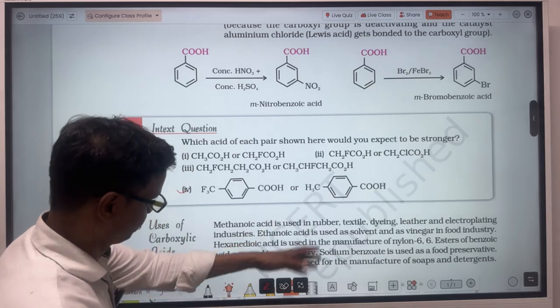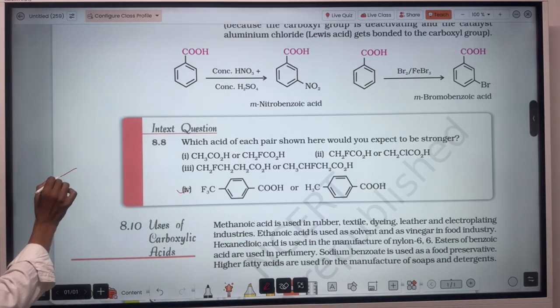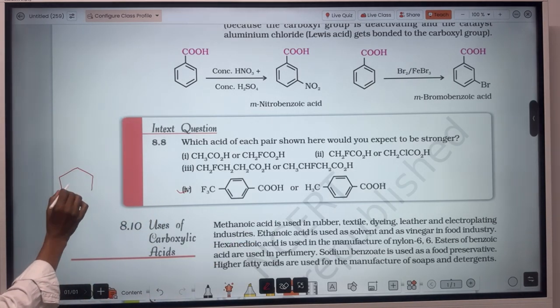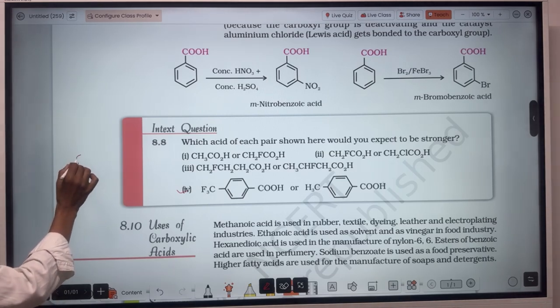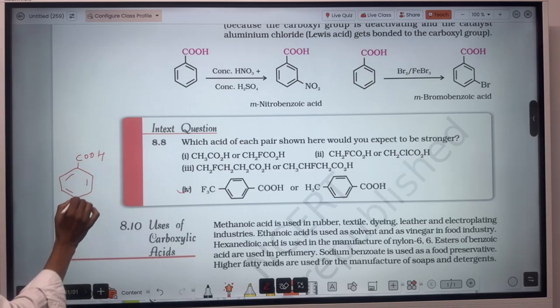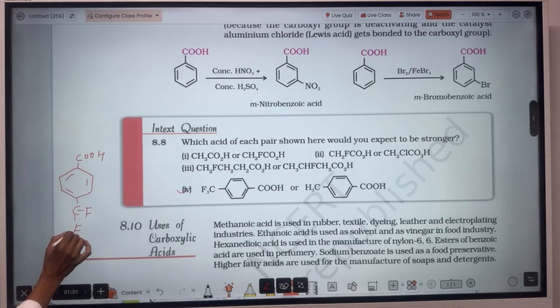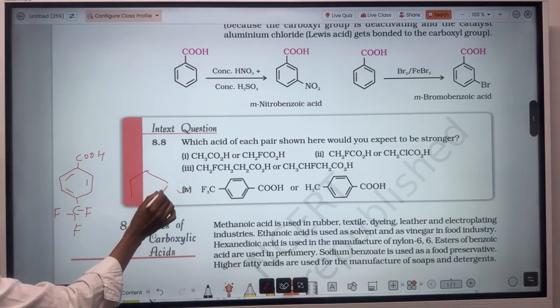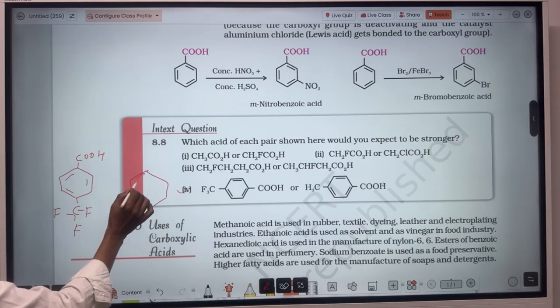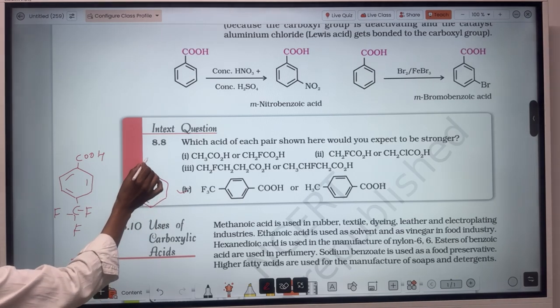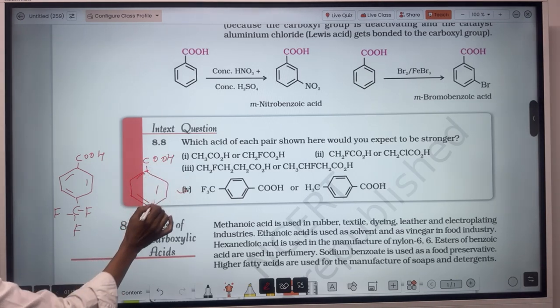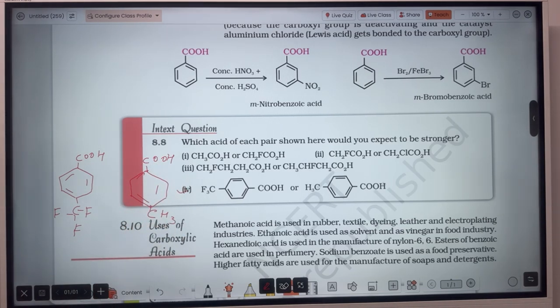Now fourth question, let's see. Now I have fluorine, 3 fluorine is here.